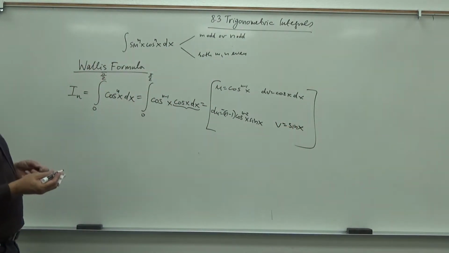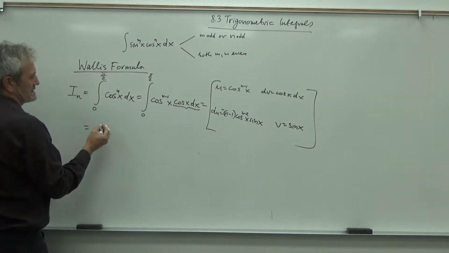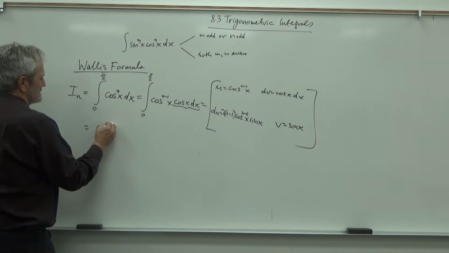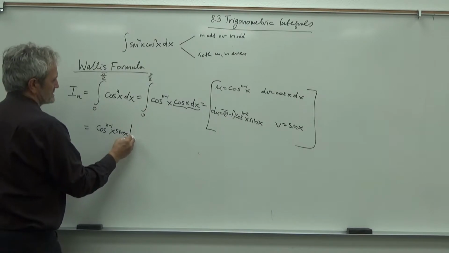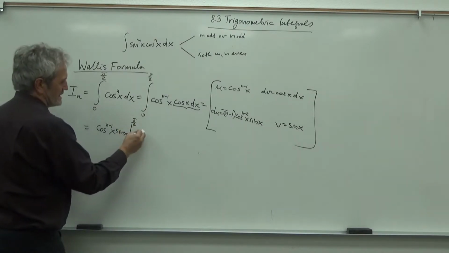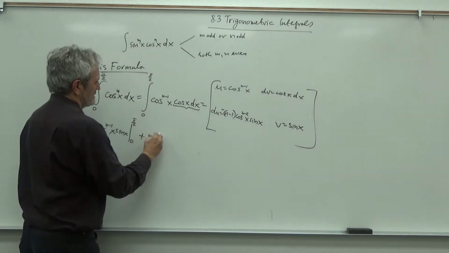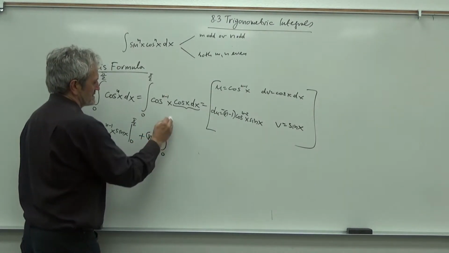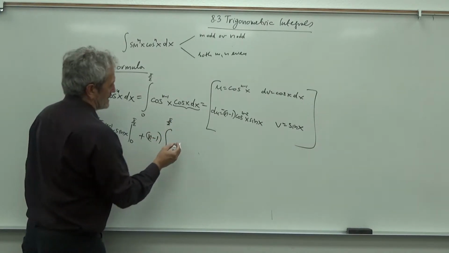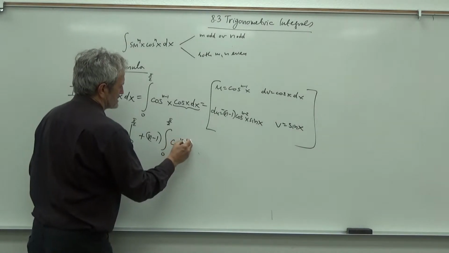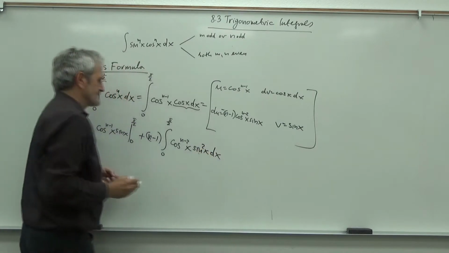So what happens here? Then we get u times v, so we will get cosine to the n minus 1 of x times sine x between 0 and pi over 2. And then plus, there is a minus from the formula and minus here, so we'll get n minus 1 pulled out. The integral from 0 to pi over 2 of cosine n minus 2 x sine squared x dx.